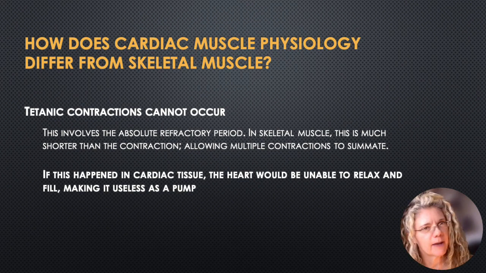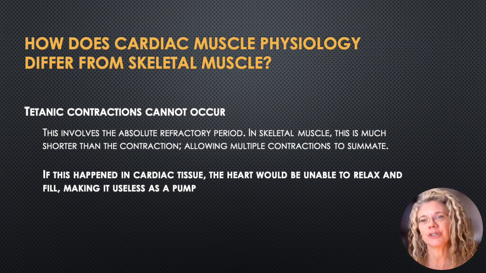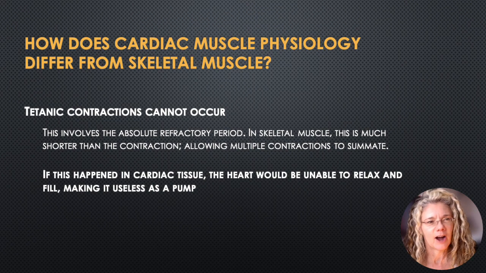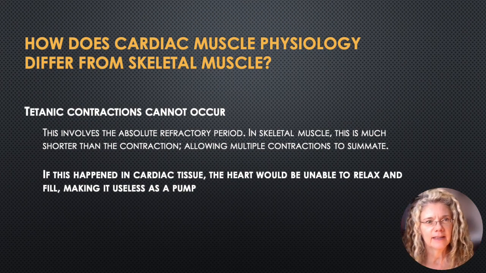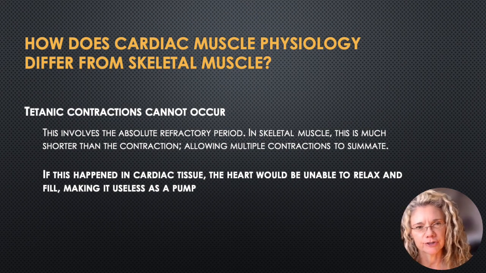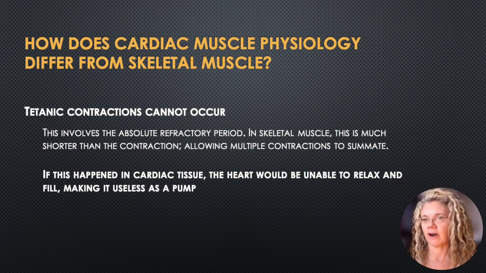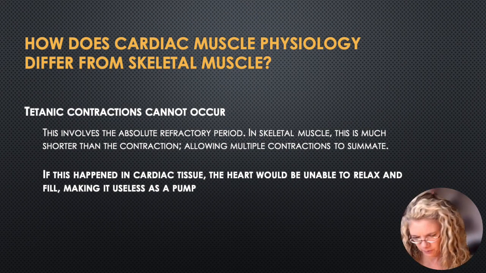And if you've forgotten about that, then you know what you need to do. Go back, refresh your memory. Heart muscle behaves very differently. We do not want graded contractions in our heart muscle. If that happened, we wouldn't have full relaxation, which would allow the atria and the ventricles to fill, and our heart would be useless as a pump. So we don't want that to happen.